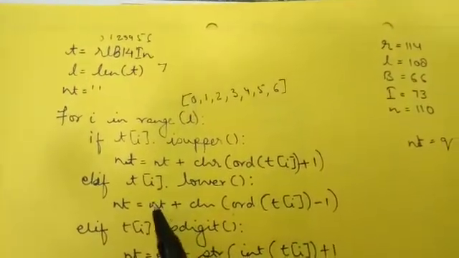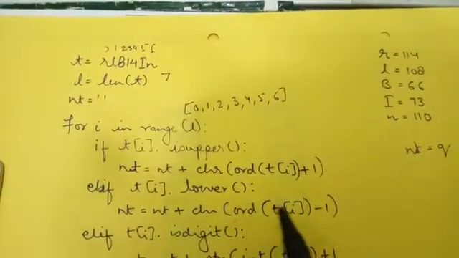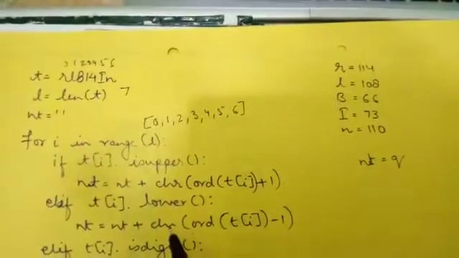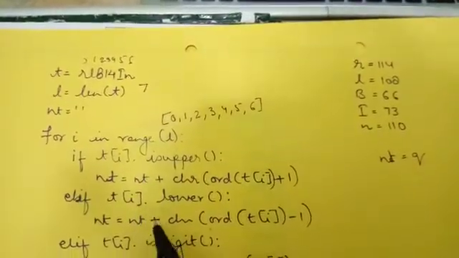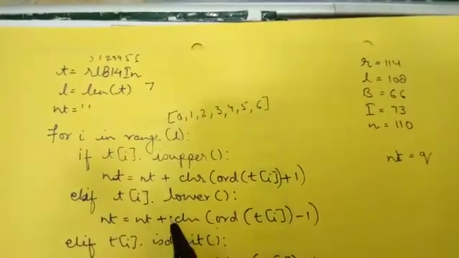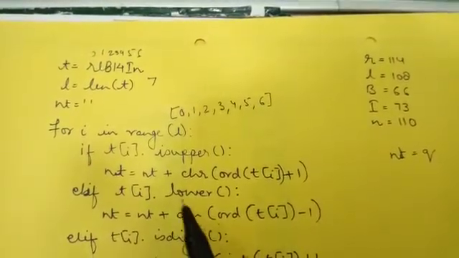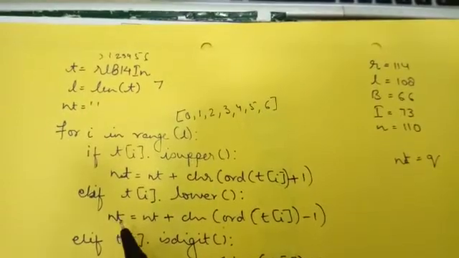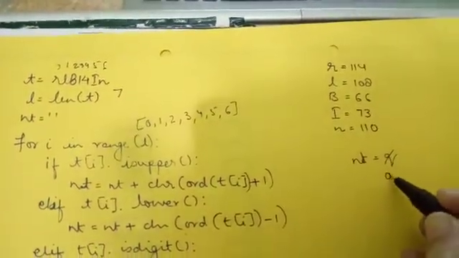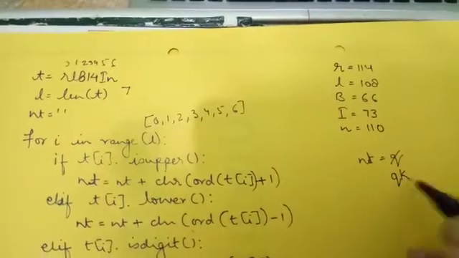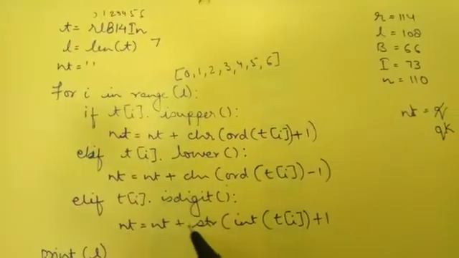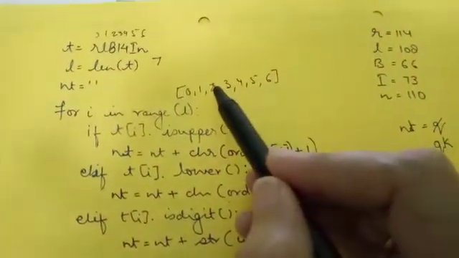Okay, so now here what are we getting? Small k. Nt plus k. So nt is what? Q. That means q plus k. So q plus k concatenation, they both will combine, so the new value which will appear in nt will be q and k. This will be removed from here, and the new value will be the combined q and k. Again this condition is satisfied, so it will not come here, and the loop will move up again.